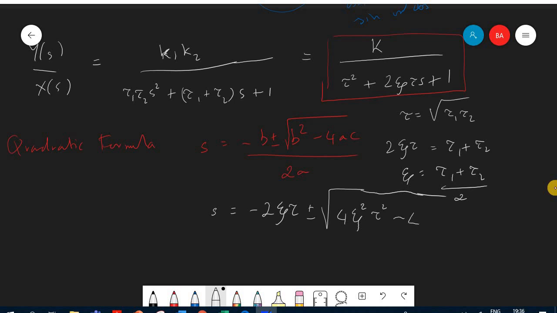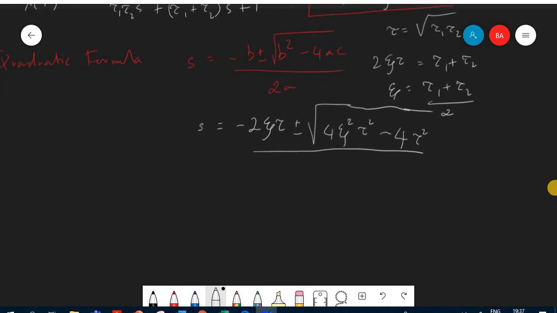Here a is tau squared, I forgot the s squared, sorry, and c is 1, so it remains 1. And this is divided by 2a, and a was tau squared, so this is divided by 2 tau squared.